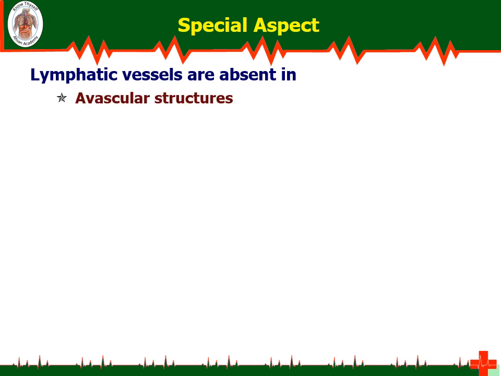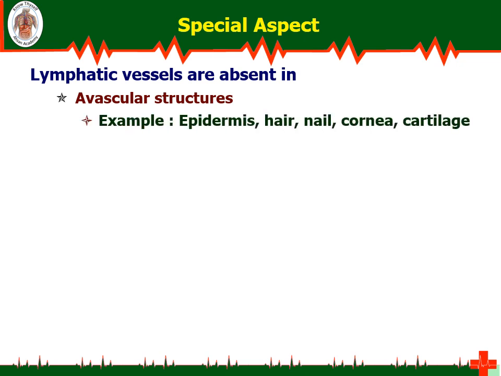Lymphatic circulation is absent in some places. You can easily imagine that an avascular structure, not having any blood circulation, has no question of formation of lymph there. So this type of area does not have lymphatic circulation.